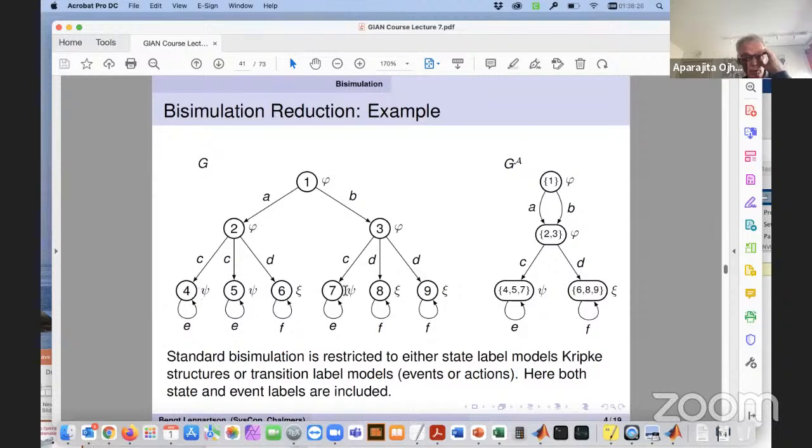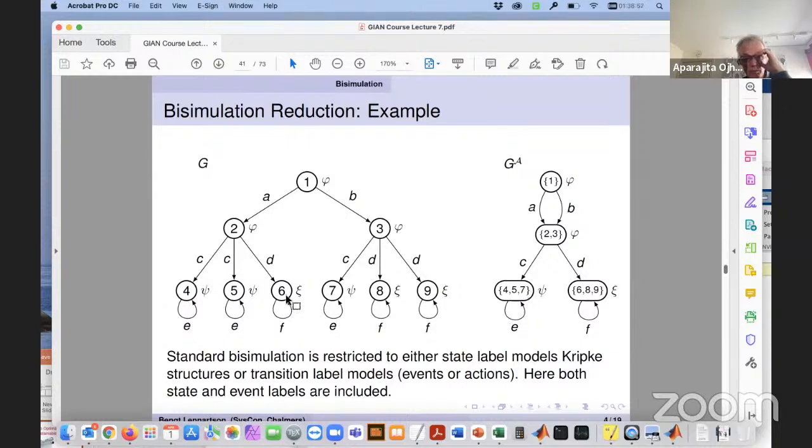And also this state 7 has the same event self loop E and the same state label psi. So actually 4, 5, and 7, they have the same future, so they could be joined into this 4, 5, and 7 with the state label psi and the self loop back again.